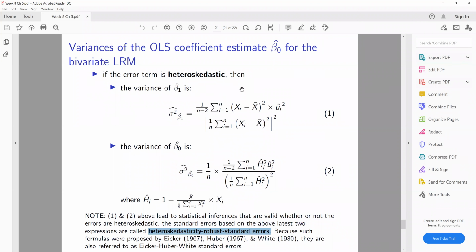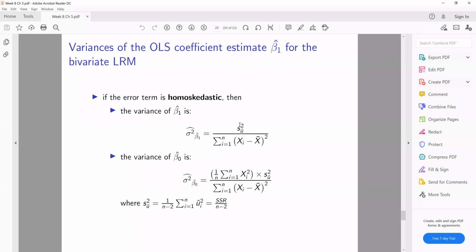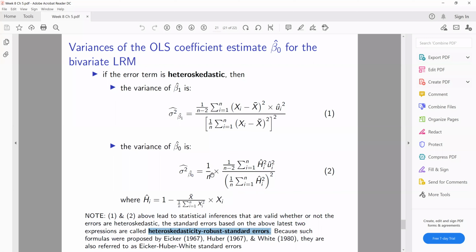You are instead calculating them this way, and by calculating this way, you are correcting for the mistakes that you would make if you calculated the variances using this expression. So in that sense, these variances of beta hat 1 and beta hat 0 are heteroskedasticity robust. Robust means corrected for the heteroskedasticity in the disturbance term.